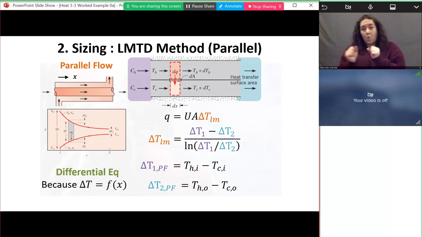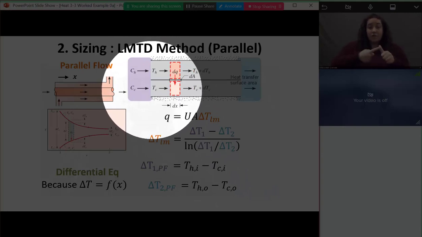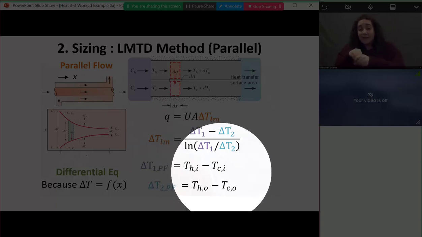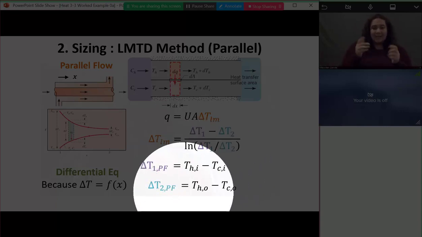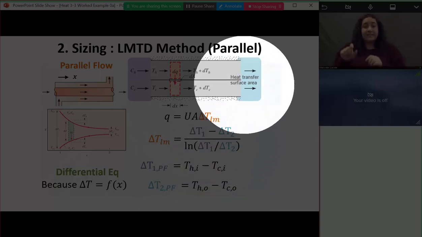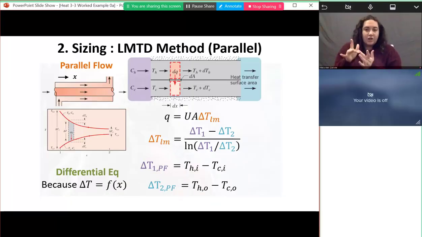So in this case, because it's a parallel flow, the hot inlet is in communication with the cold inlet. So then down here, we have the hot inlet minus the cold inlet. Delta T2 always touches the hot outlet, and in this case, the hot outlet is in communication with the cold outlet. So we have T hot out minus T cold out down there.